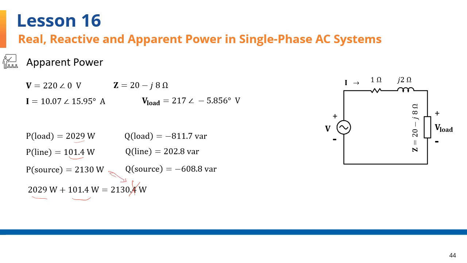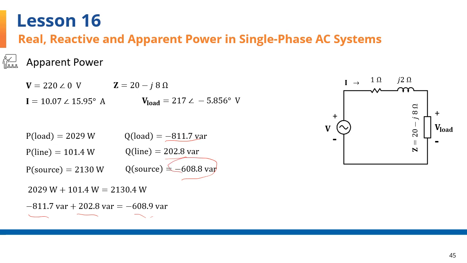And similarly, the algebraic sum of the reactive load power and reactive line power should add up to the source reactive power. So adding these two together, considering their signs, we should get this value here. And you see that in the last line here, negative 811.7 plus 202.8 comes to negative 608.9, which is almost identical to this.